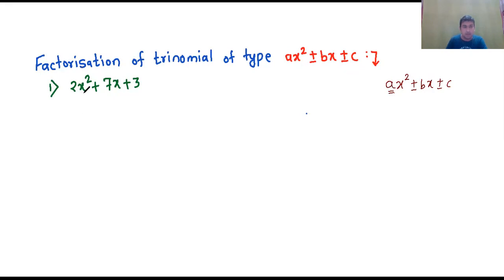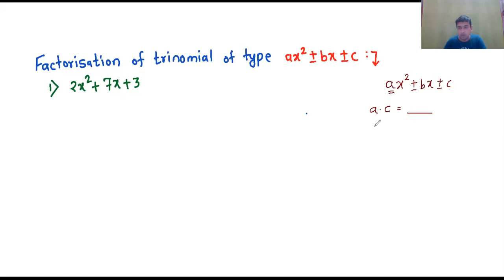Let us see. This is the given trinomial 2x square plus 7x plus 3. Now, what do you have to do to factorize this? You have to first multiply a, that is the coefficient of x square, and the constant term. Check this product.